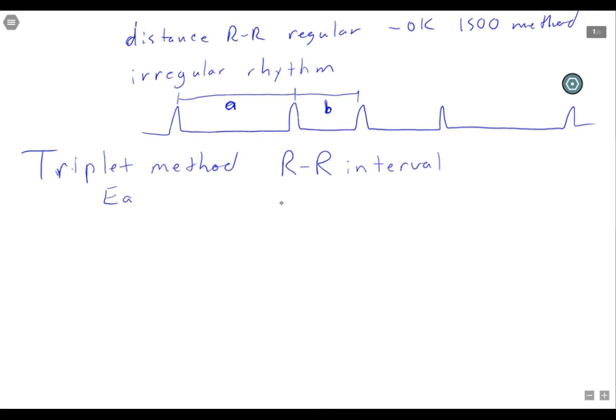And when you do the triplet method, what you're looking at is each set of three large boxes. That's why they call it a triplet. And when you look at each set of three boxes, the heart rate will drop a set amount.